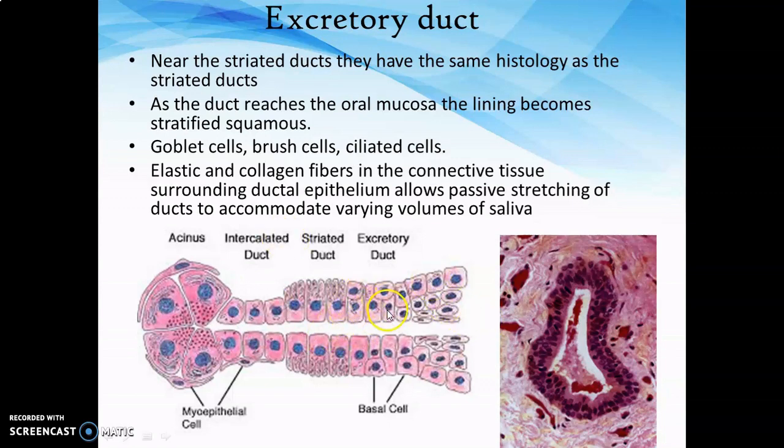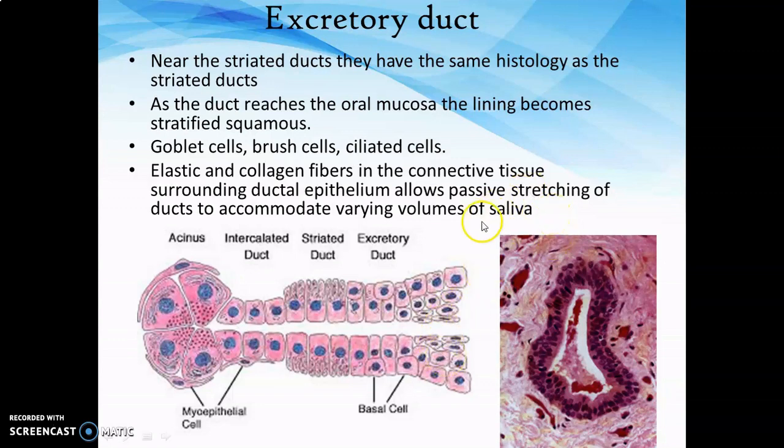Initially, near the striated duct, the excretory duct lining is similar to striated duct lining, that is, they are tall columnar cells. But as they progress towards the oral cavity, they become stratified columnar, and towards the opening in the oral mucosa, they become similar to oral mucosal epithelial lining, that is stratified squamous epithelium.